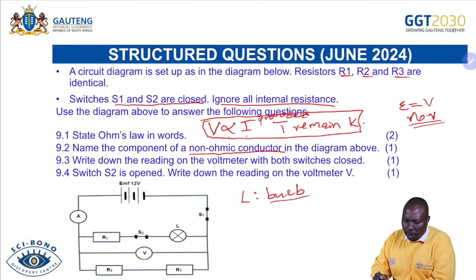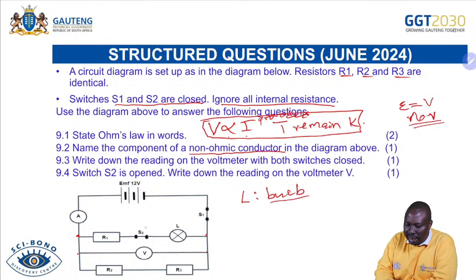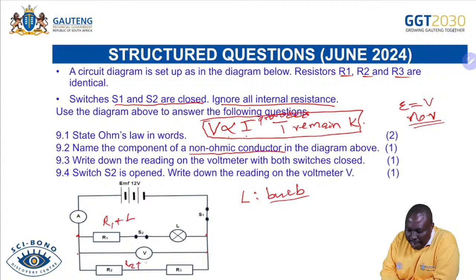Now you will see that what we are reading here is the same as what we are reading there. So you can see that is a parallel connection. Remember, when you say parallel connection, you are saying R1 plus L are in parallel with R2 plus R3.